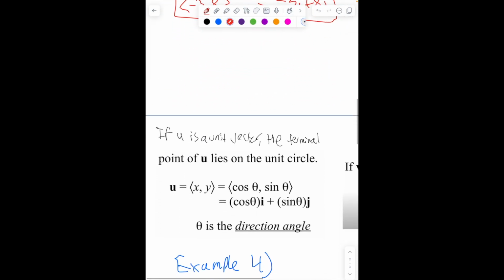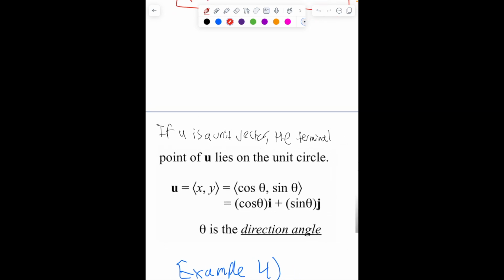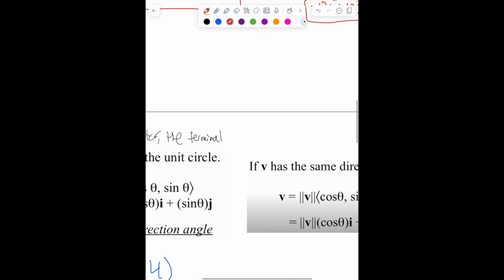If u is a unit vector, the terminal point of u lies on the unit circle. So again, looking at it like this, if it's a terminal vector, which is what we talked about at the beginning, x is like cosine, y is like sine. So I can think about it like, theta is the directional angle, or where I am going.